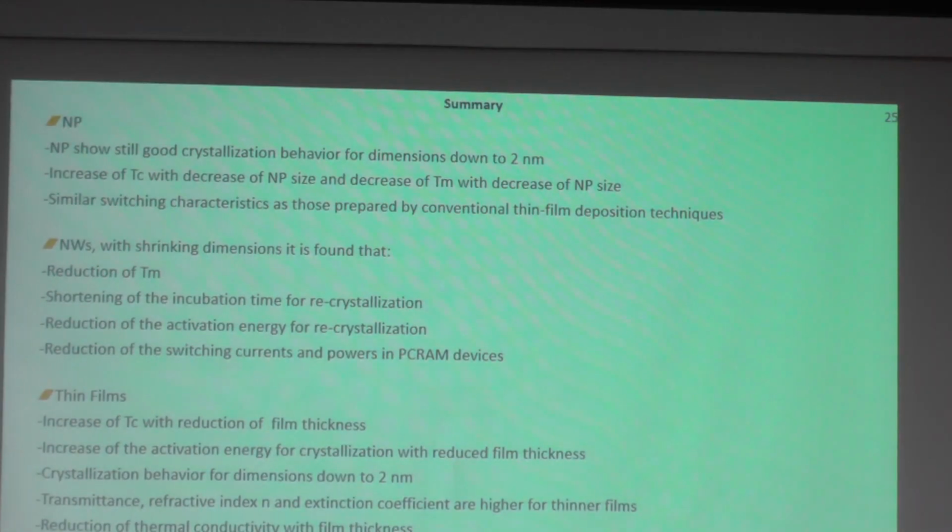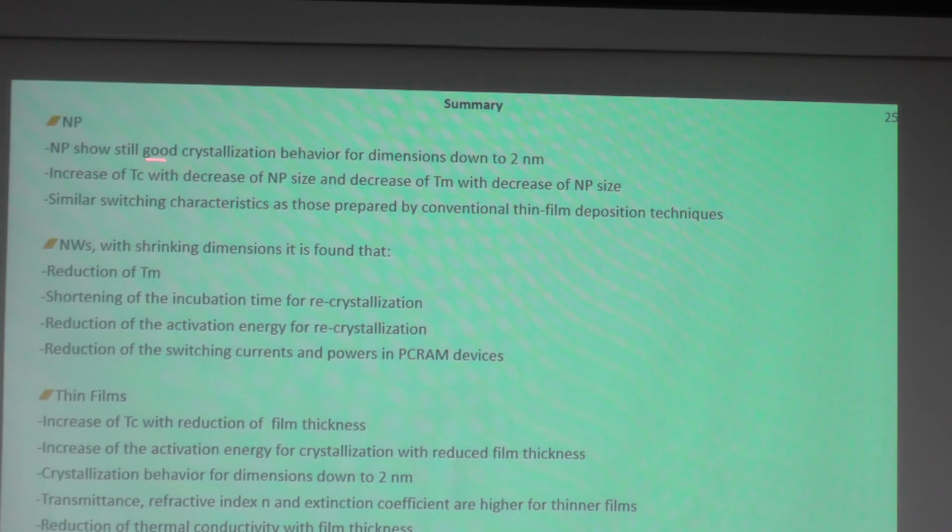So here I would like to conclude my talk. What I showed today: the nanoparticles show good crystallization behavior for dimensions down to 2 nanometers.